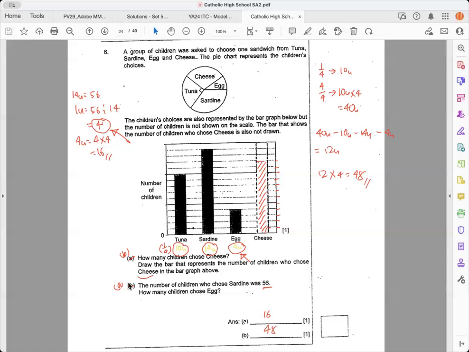Okay, if not. Okay. So let's look at question number 7.